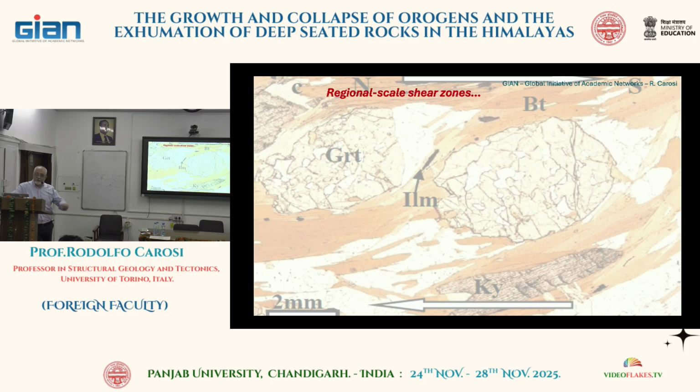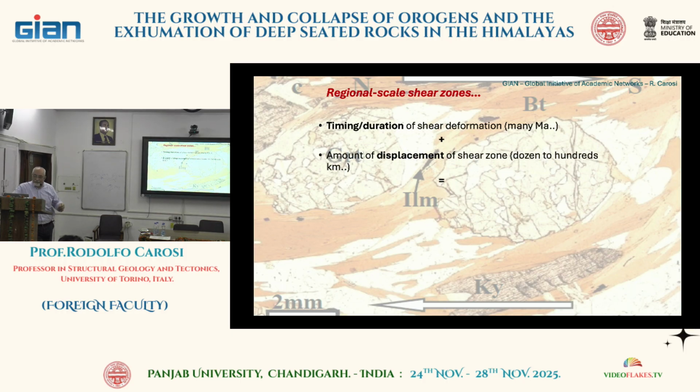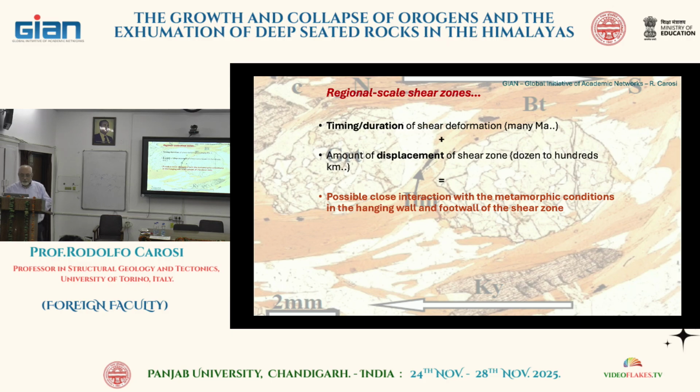But if we deal with a regional-scale shear zone, that means a shear zone that has a duration of several million years, and with an amount of displacement of a dozen to 100 kilometers, we could expect an interaction between metamorphic conditions in the hanging wall and in the footwall of the shear zone.